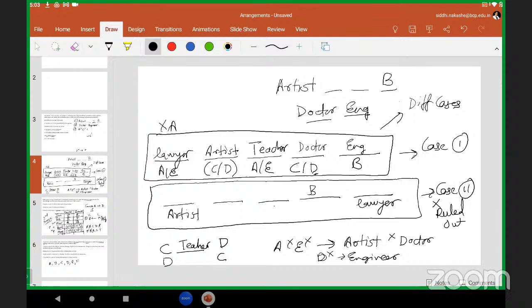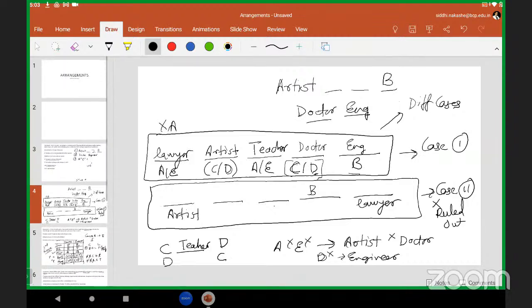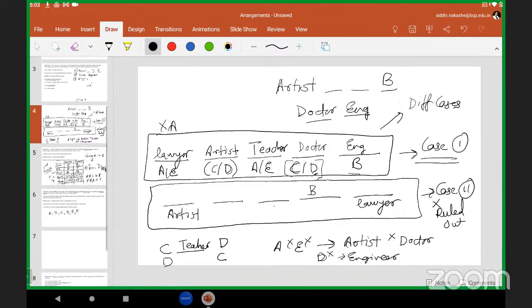But here it can be starting with either C or D. So if there is a question that says given that C is sitting towards the left of B, you can put C over here and D over here and emphasize on the fact that D cannot be an engineer, so D has to be a doctor. So this is how you can rule out cases and solve on the basis of questions.